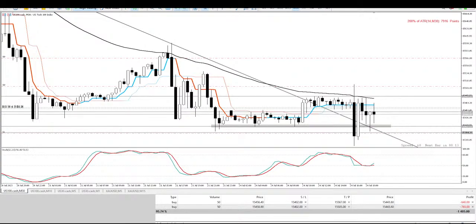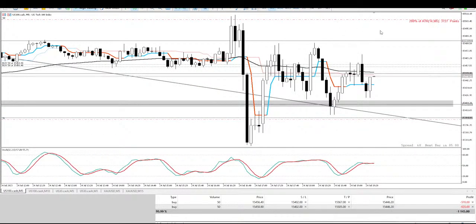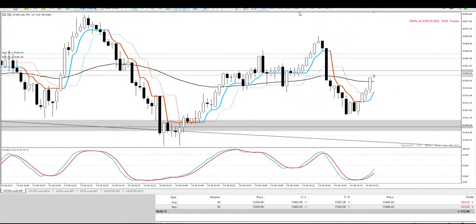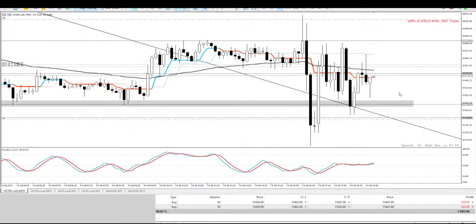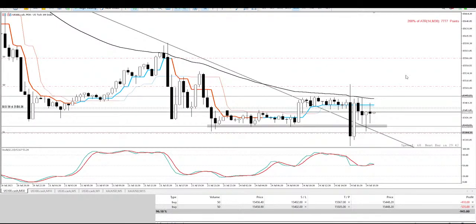Okay, the 12:30 candle is about to close. Price is still a mess. Yeah, that candle isn't necessarily good or bad, to be honest, in our situation.